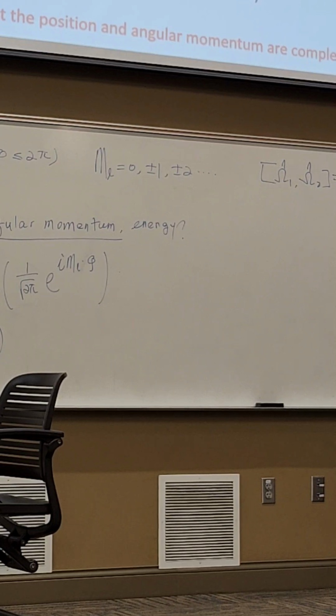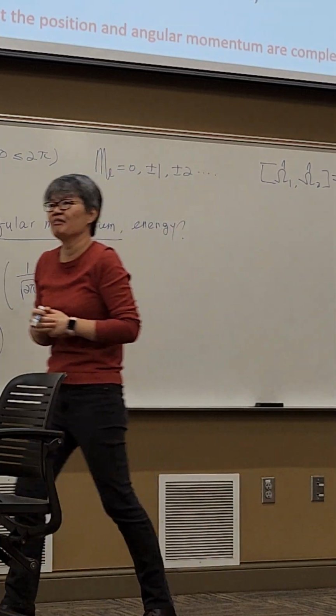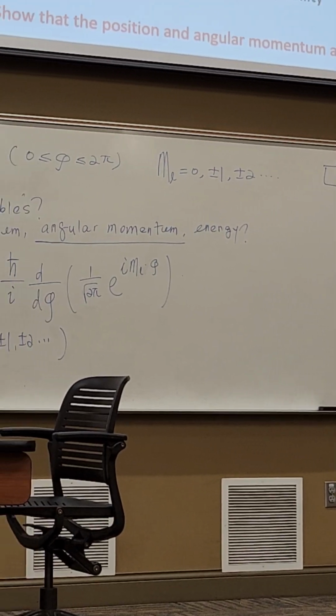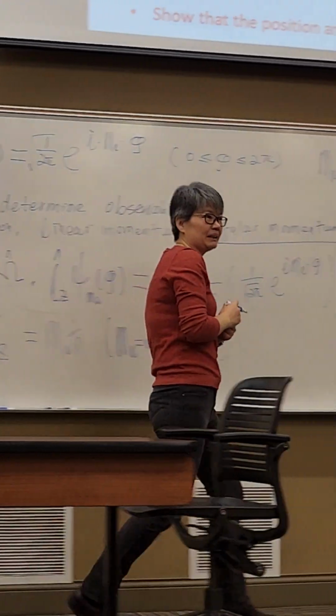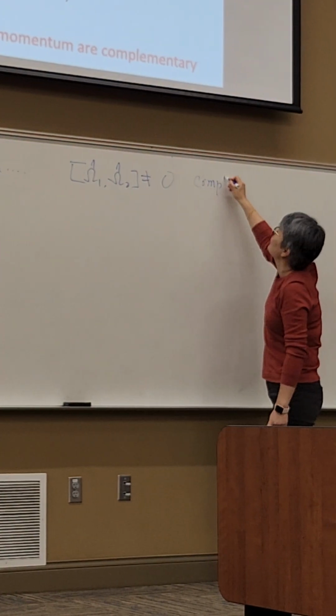If they're complementary, it would not equal 0. Oh, it's confusing, isn't it? Because if they're complementary or if they are commuting, right? If they commute, they are not complementary. Okay, it's a little bit confusing, so let me write it out.